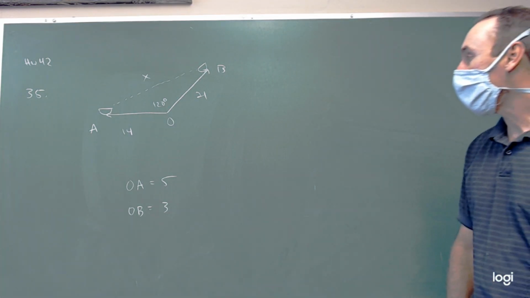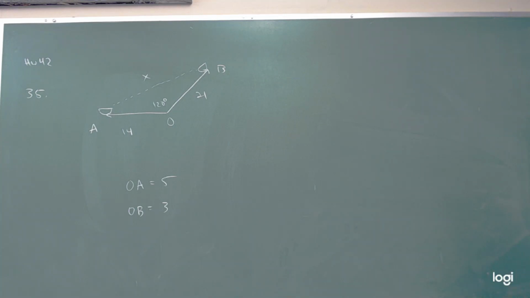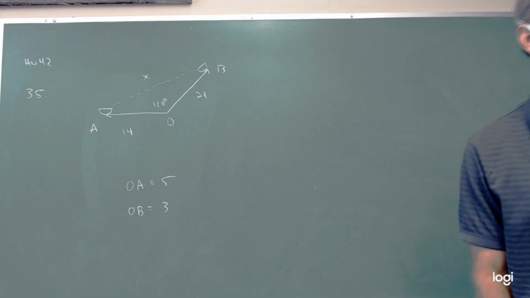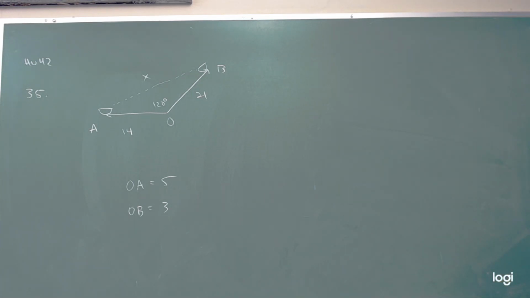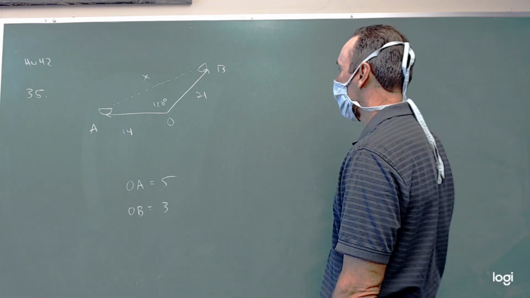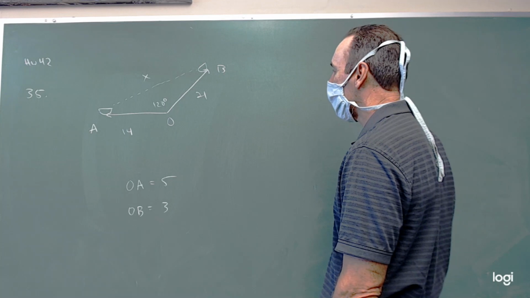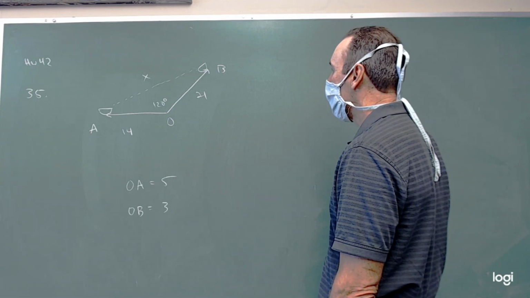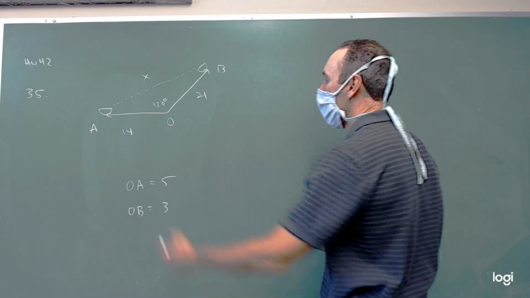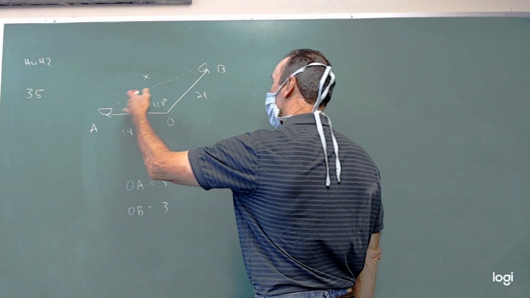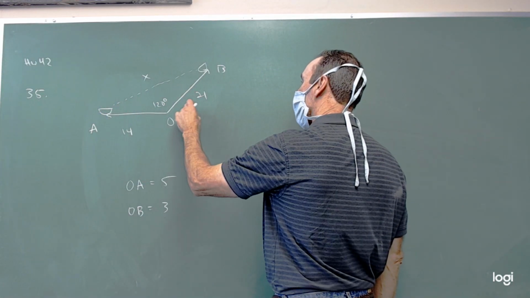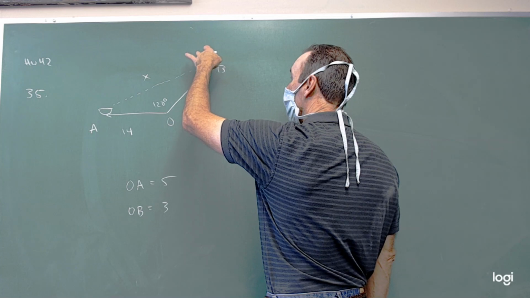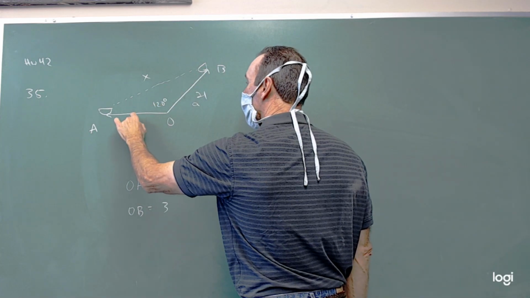So what we have here looks like a law of cosines to start with. It's not a right triangle, so we can't just use the Pythagorean theorem. Because OA and OB are kind of annoying, should we say that the side opposite angle A we call little a, and the side opposite angle B we call little b?